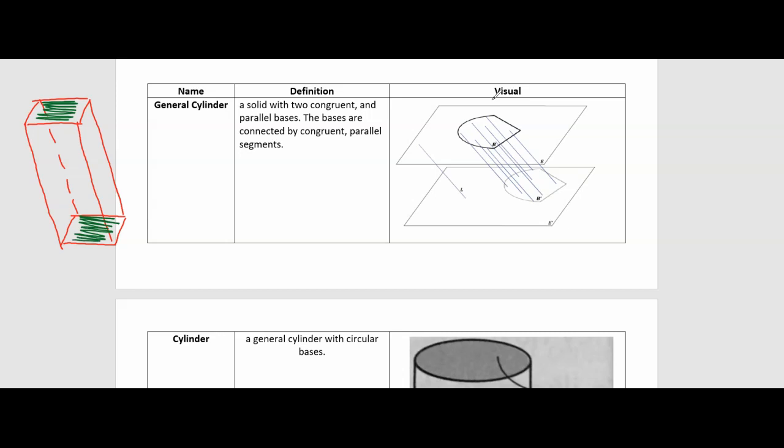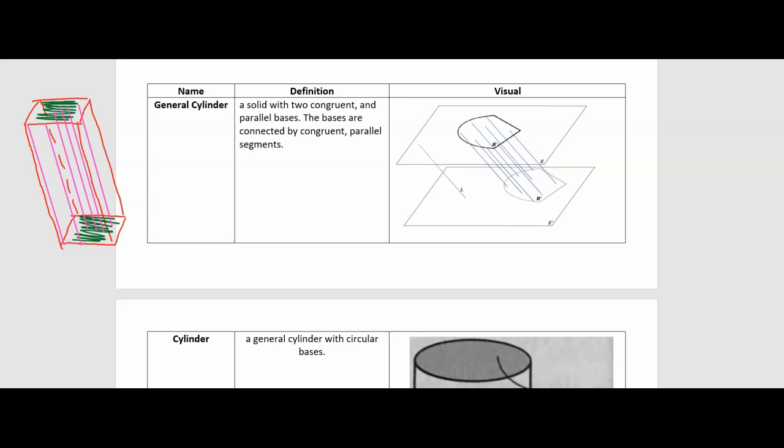And these rectangles are connected by a bunch of congruent parallel segments. There's actually an infinite number of them. I can't draw an infinite number, but I could sketch out a few. Right? If I just connect these bases with congruent parallel segments, and you could think if I had an infinite number of these, well, I would eventually fill out that space, fill out the cylinder.